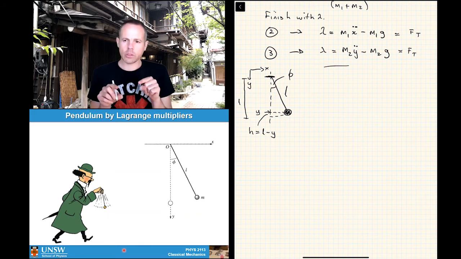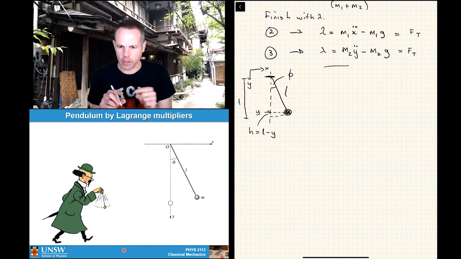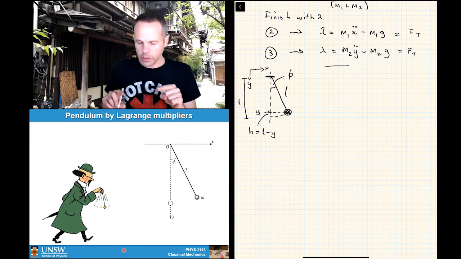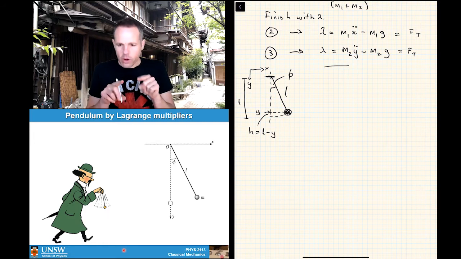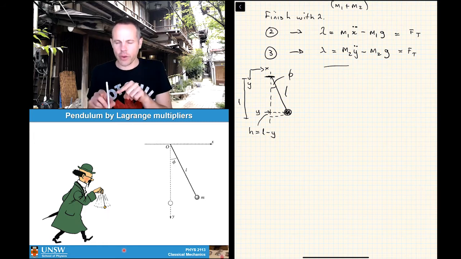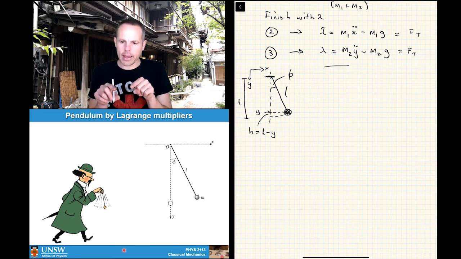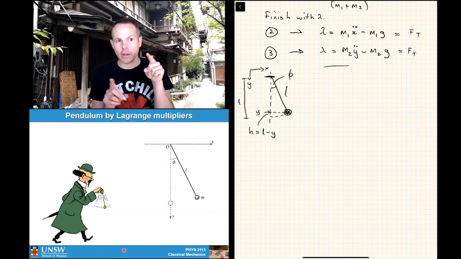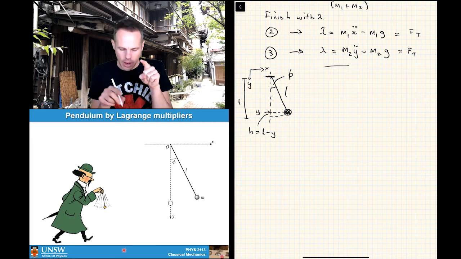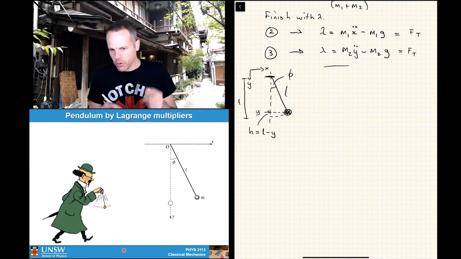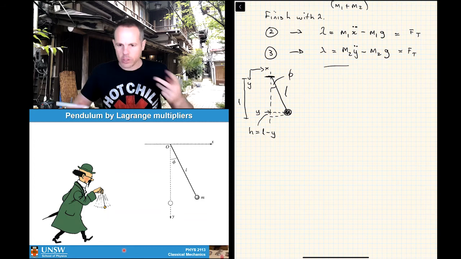I just want to point out something important here for Lagrange multiplier problems. If you go back to one of the previous lectures where I've done the pendulum using the Lagrange method, I've slipped directly across to using phi as my coordinate because I have 1 degree of freedom, and the one coordinate that remains after the constraints is that angle phi, right? And so I've got a potential energy in terms of phi and worked my way from there.